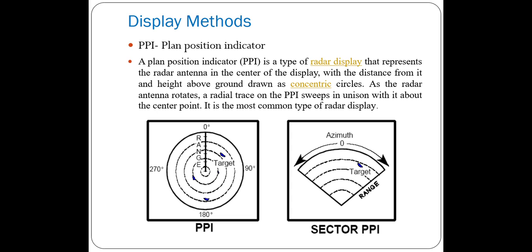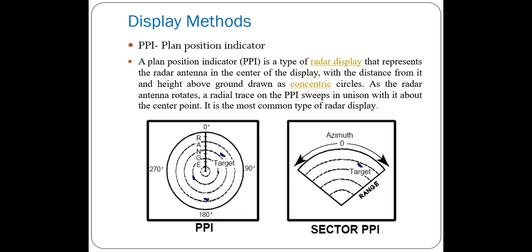Now we'll move towards the last part, display methods for the radar. Whatever information we are receiving through the radar systems, we are going to display it on a display.